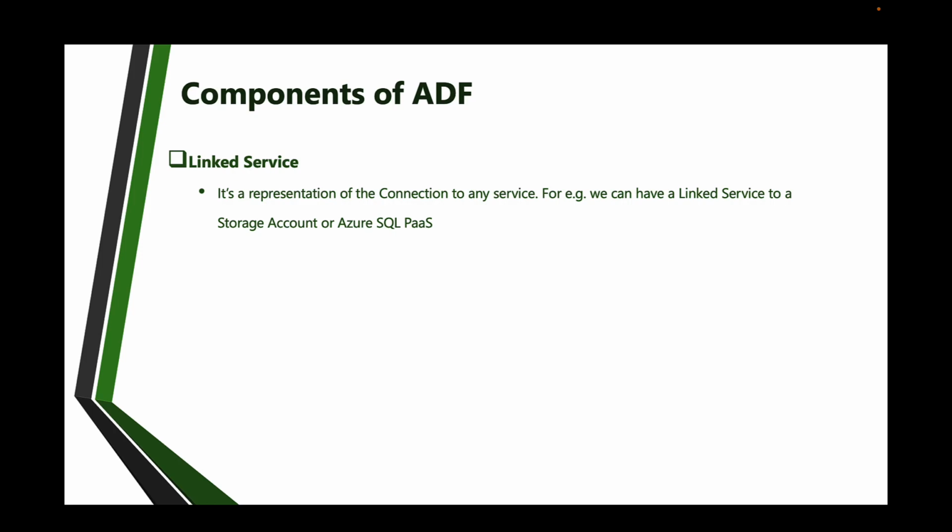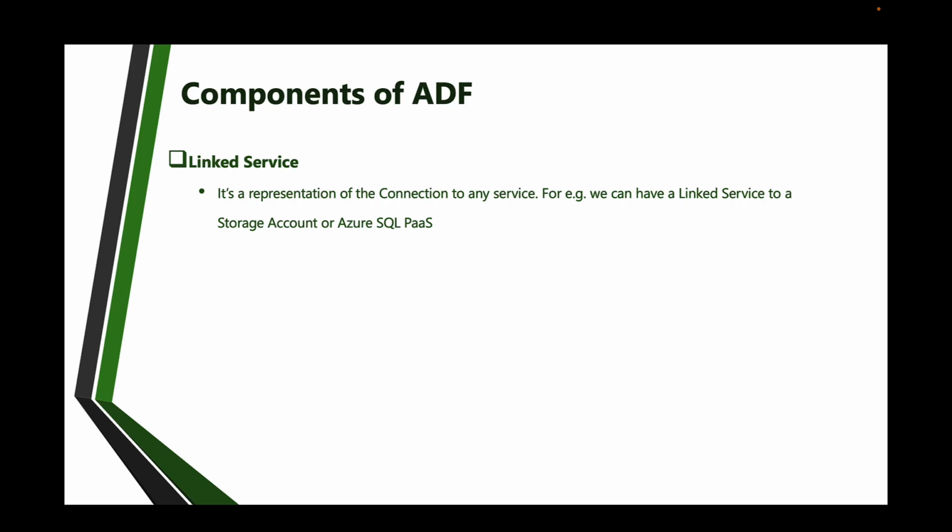The first component which we need to understand is a linked service. In this slide, I'm making those components visible to you and explaining them. In the next slide, we'll see visually what those components individually mean and how they connect within the framework of ADF. Linked service is the first component, and it is a representation of a connection to any service.